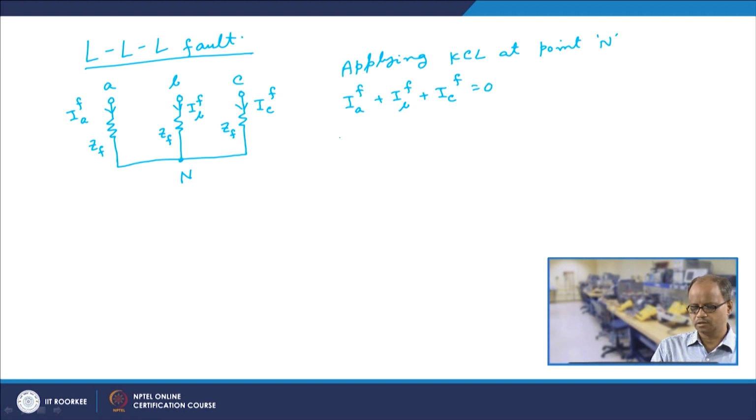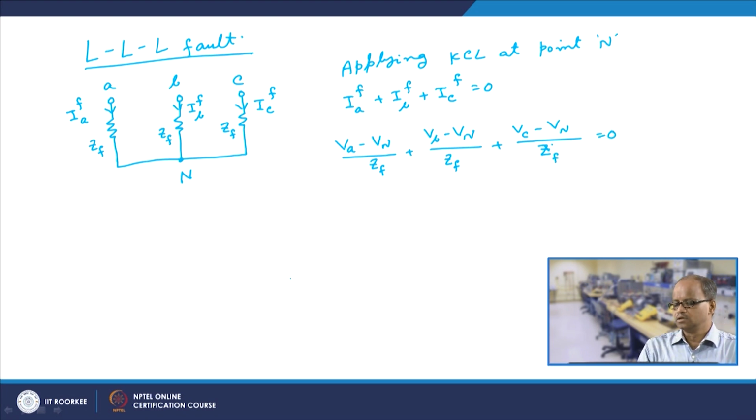So we get (VA minus VN) plus (VB minus VN) plus (VC minus VN), all divided by ZF, is equal to 0.